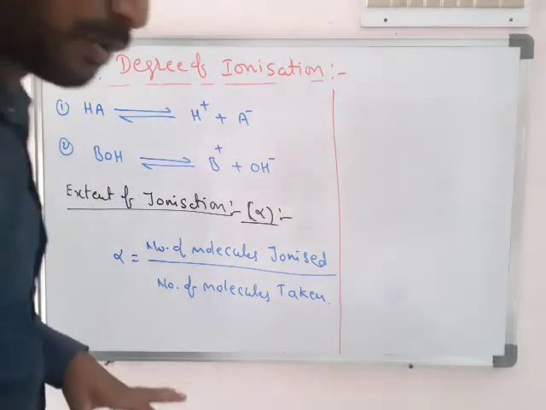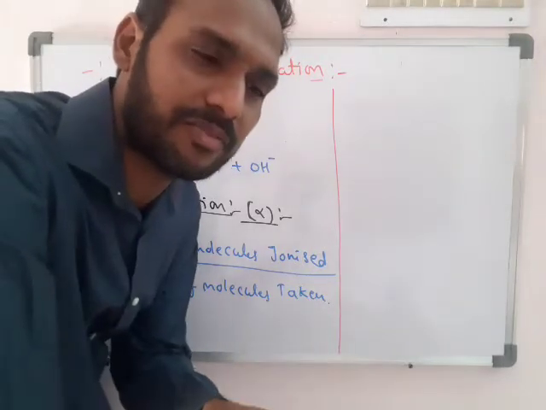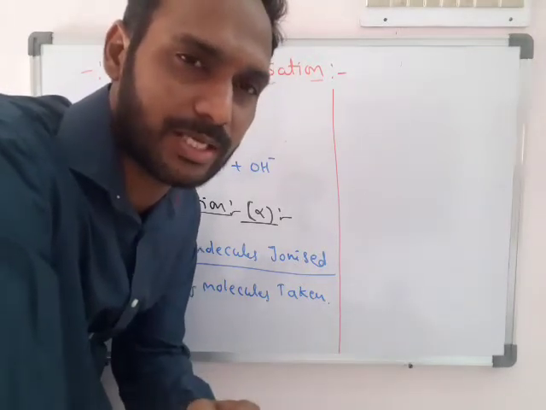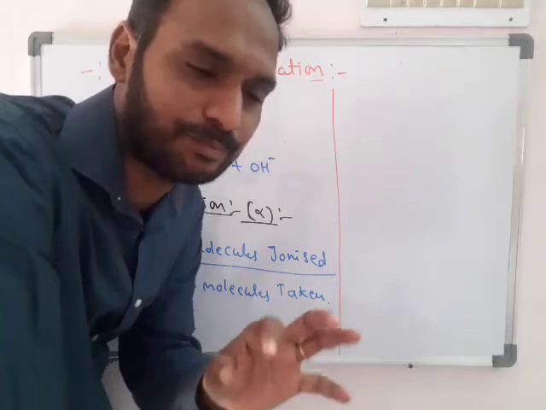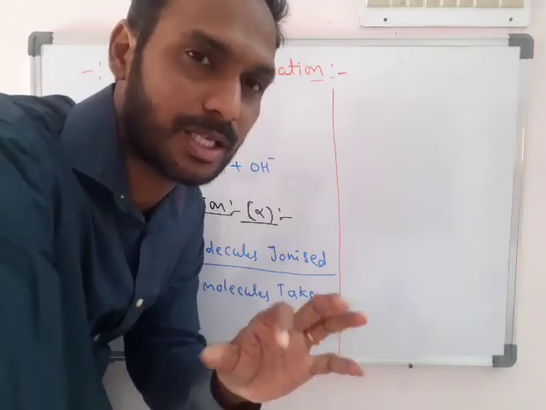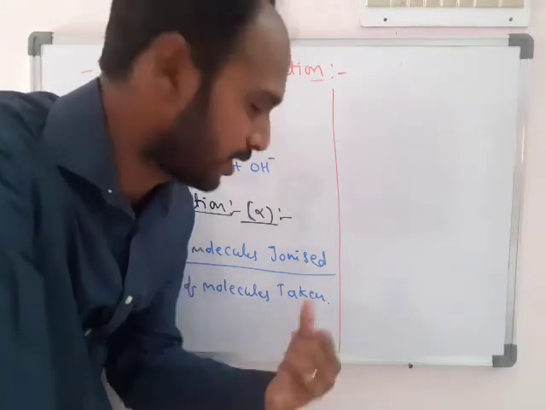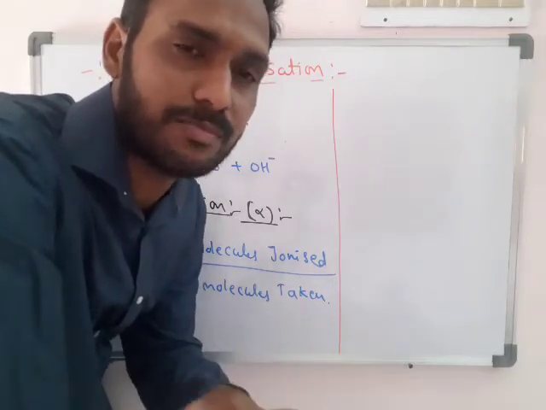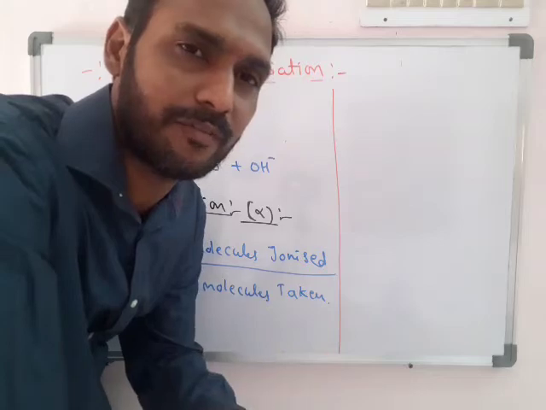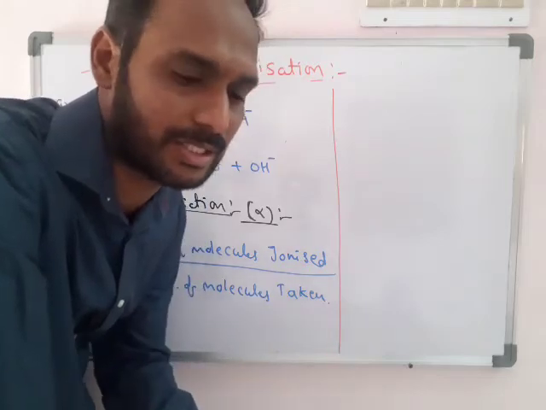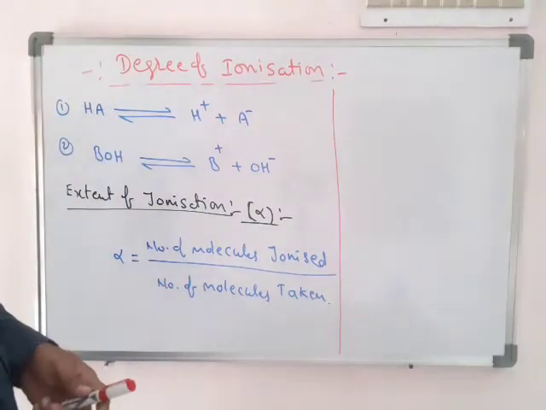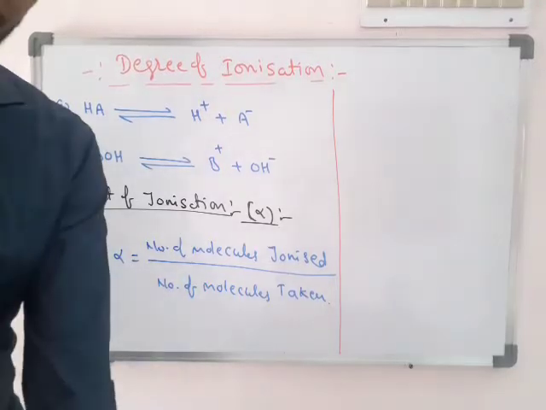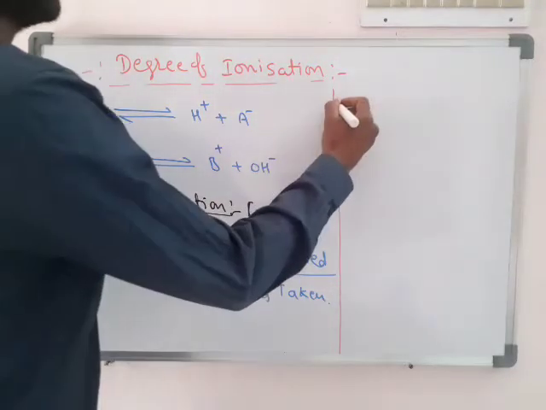Next, one more important point, which we already mentioned: what is the difference between alpha and degree of ionization? There is a very slight difference. If it is explained in terms of number of molecules, that is called extent of ionization. If it is in terms of percentage, that is called degree of ionization or percentage of ionization. That is just alpha into 100.